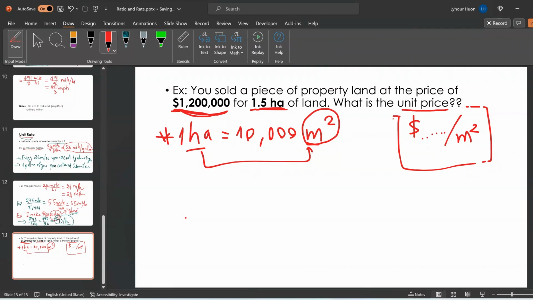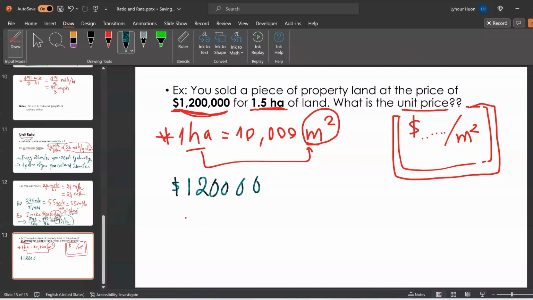Now the question is: write as a unit price. Unit price is the rate. Right now we are studying the rate. Now, a piece of land is $1,200,000.